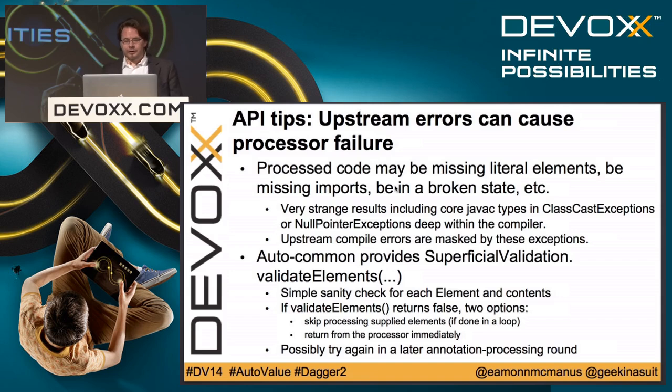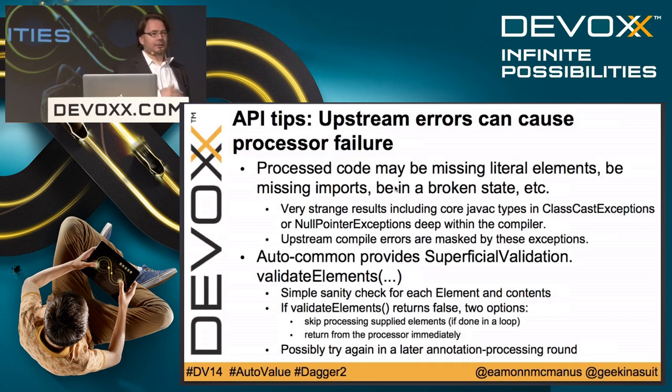There's a bunch of different ways you can deal with it. The poor man's way is to just trap class cast exceptions, but we've found it's much better to pre-validate the upstream AST. Essentially, when you get a list of elements that you're about to process, check them out and make sure they're actually valid. We've built a nice little utility to do that called SuperficialValidator.